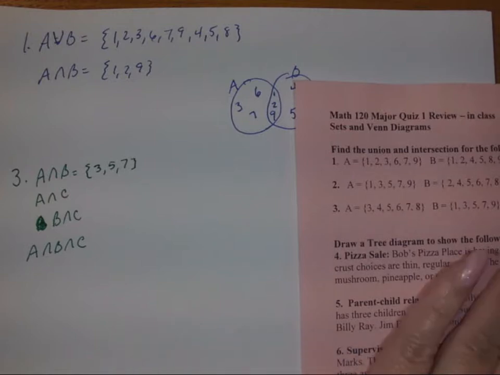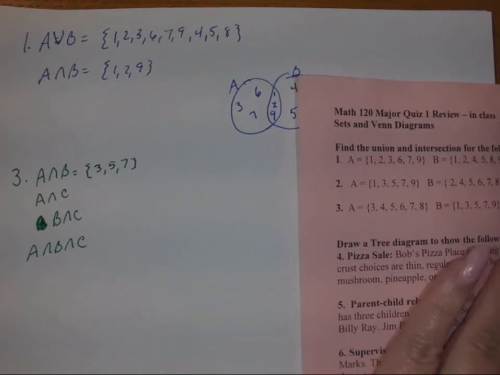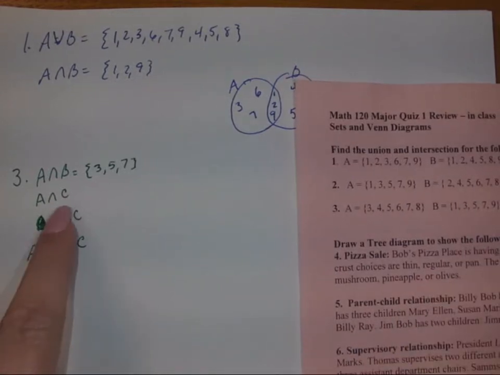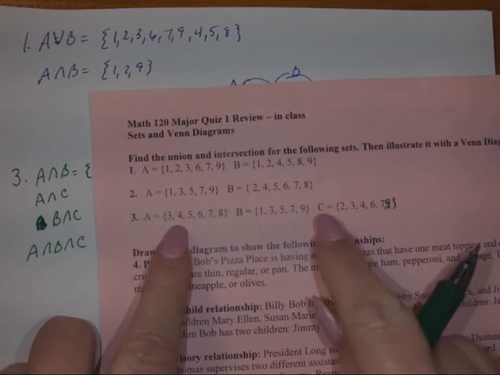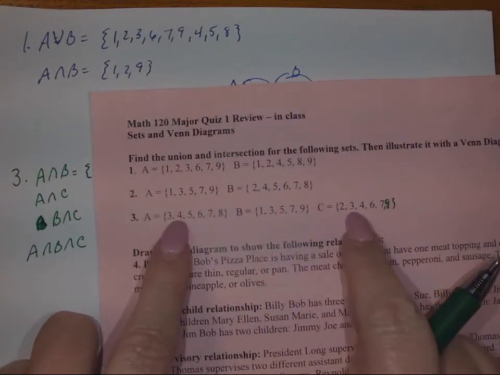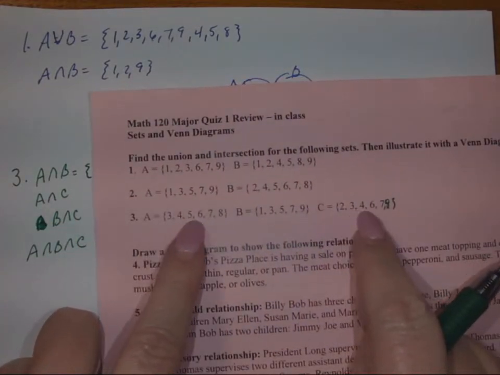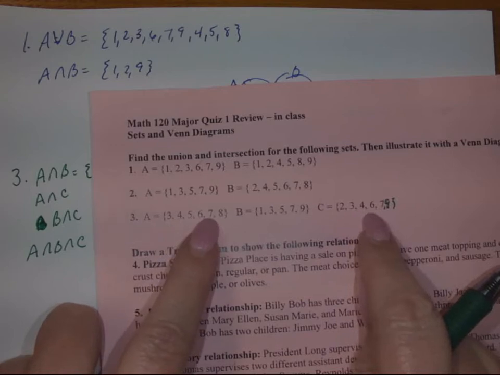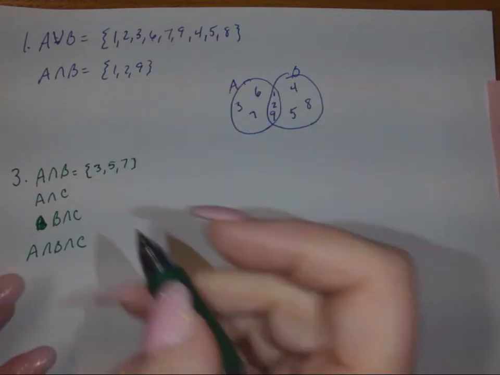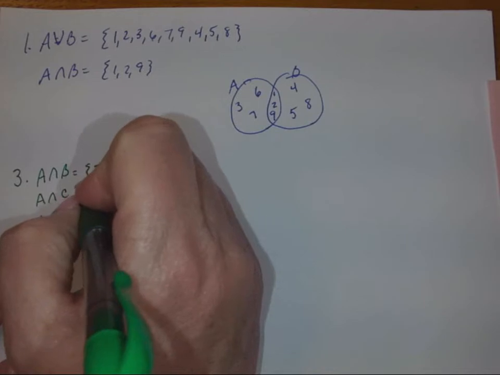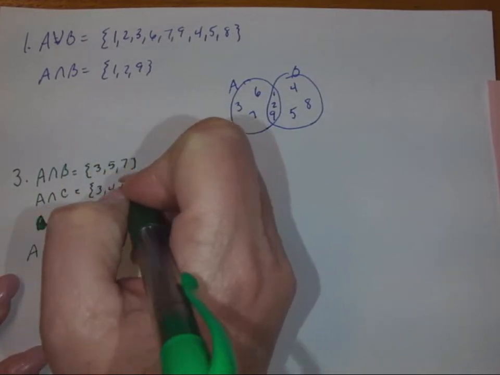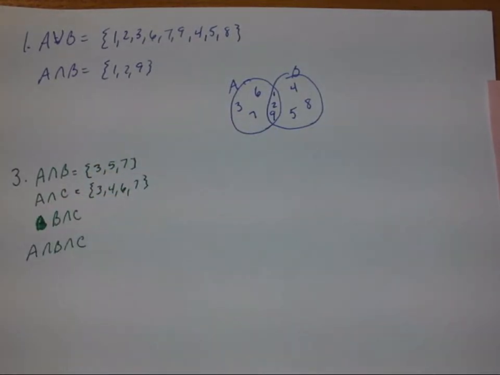Now, when we look at A and C, we can see that we have 3, we have 4, we have 6, and we have 7. So we have 3, 4, 6, and 7. And make sure when you're doing these, you don't use parentheses. You actually use the curly brackets.